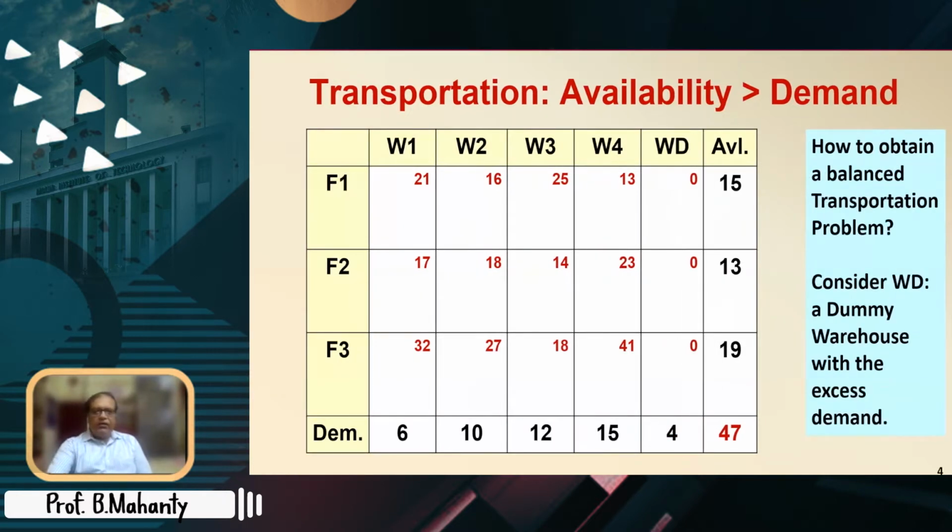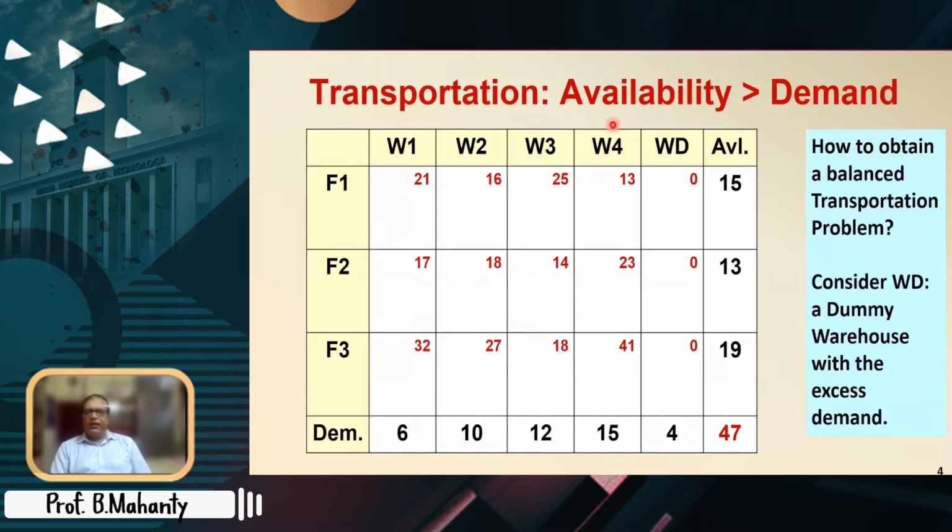And in our next slide, let us see how to obtain a balanced transportation problem. Consider WD, a dummy warehouse with the excess demand. So we have put in a dummy warehouse with the excess demand, that is 4. When that is done, the demand and availability become equal, and now we have a balanced problem.